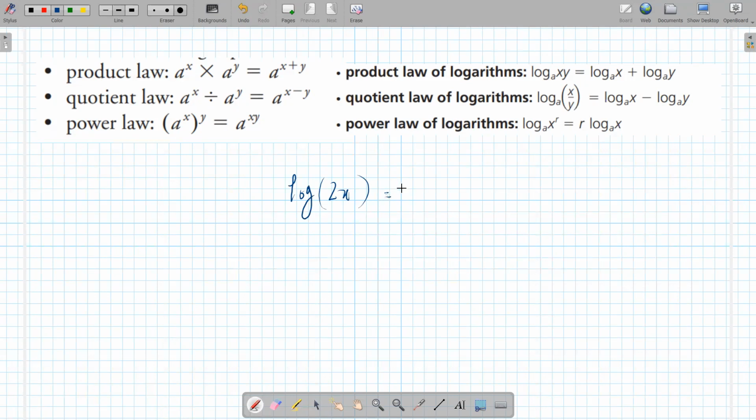What you can do is split them up into log of 2 plus log of x. And whatever the base is, it's going to come as well. So if that's base 3, then this will be 3, this will be 3. That's the first rule, the product law. The second one is the quotient. If you have 2 over x, use the second formula up there. What does this become?